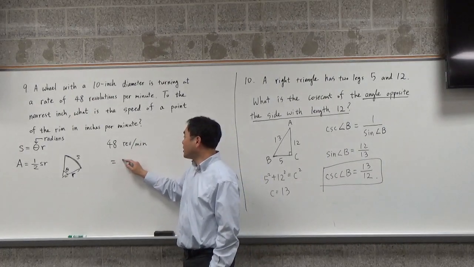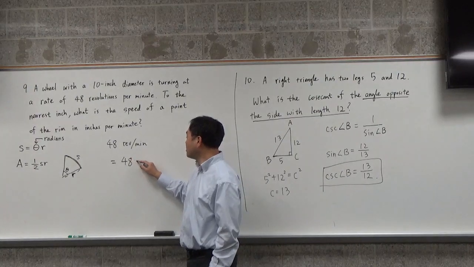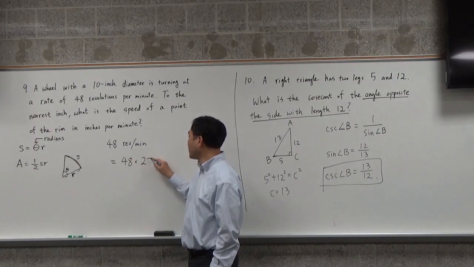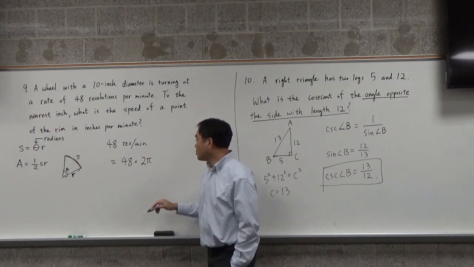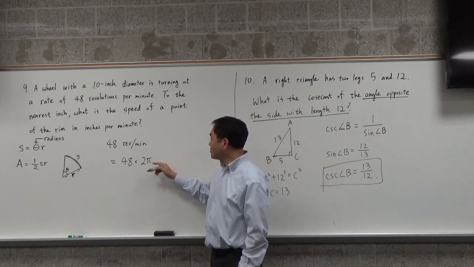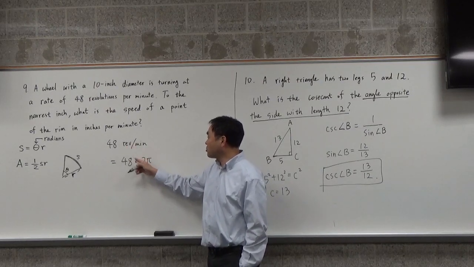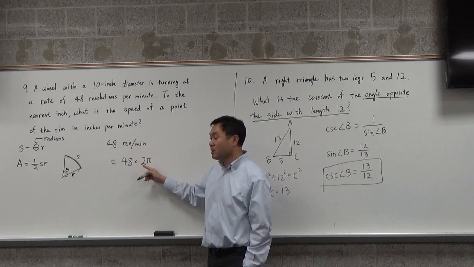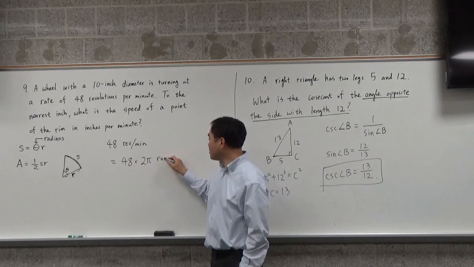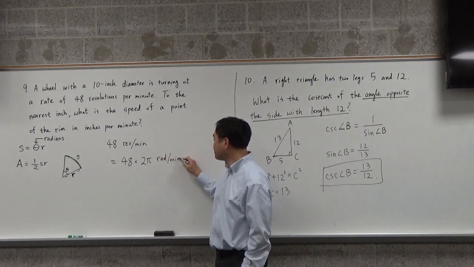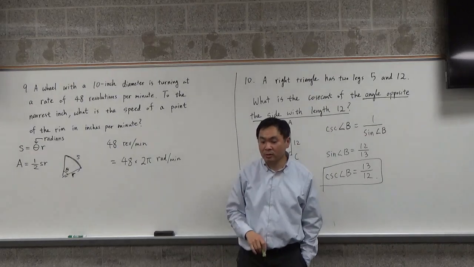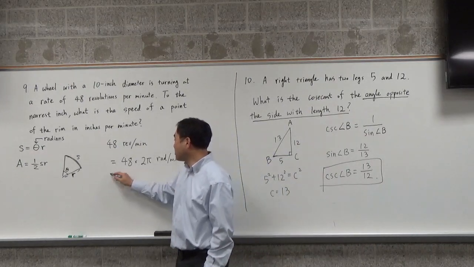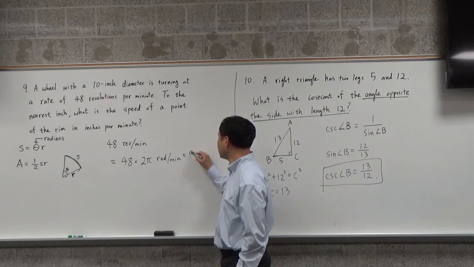So you have to say that each revolution is 2 pi. So what you get is, 48 revolutions per minute is 48 times 2 pi radians per minute, or 96 pi radians per minute.